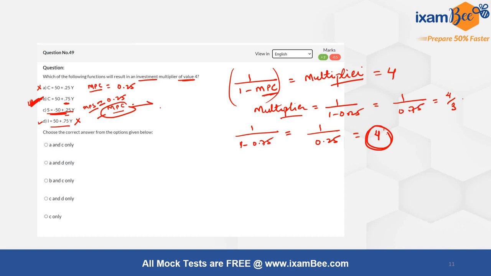So MPC here is 0.75, right? Because the whole income would be either saved or consumed. Hence the sum of MPC and MPS would always be 1. So from here we know MPC is 0.75, and 0.75 MPC is giving you a multiplier value of 4. So C option would also be correct. Hence answer is B and C only.